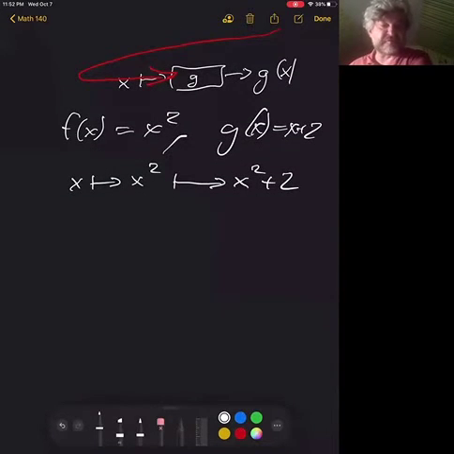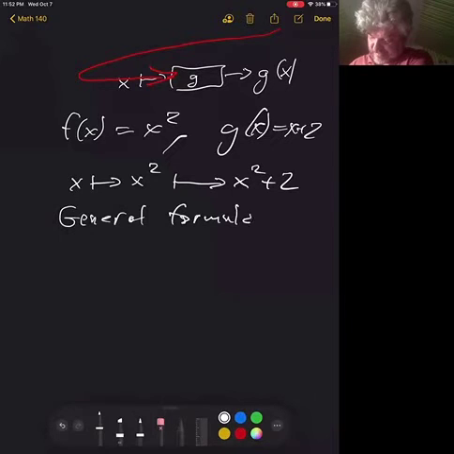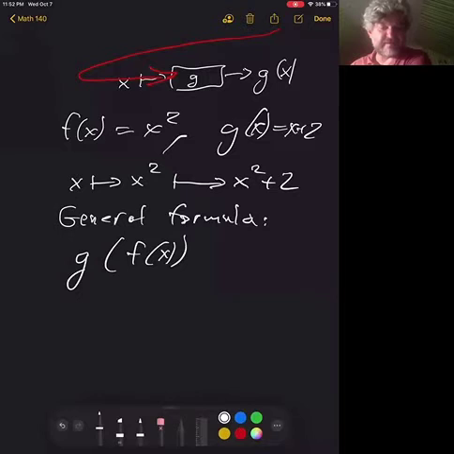Here's a general formula for writing this. We're doing g of f of x. That function notation is just perfect for making it clear what is going on. The f of x gets used as input for g. And this new function is called the composite of g and f.